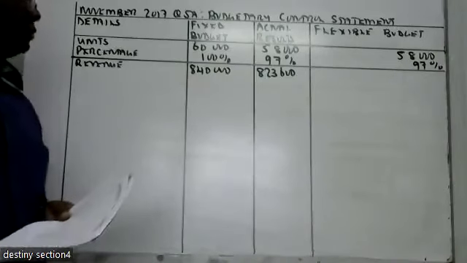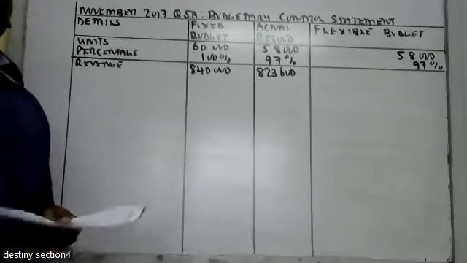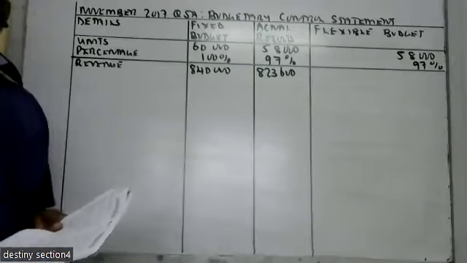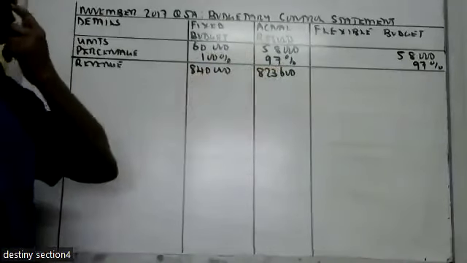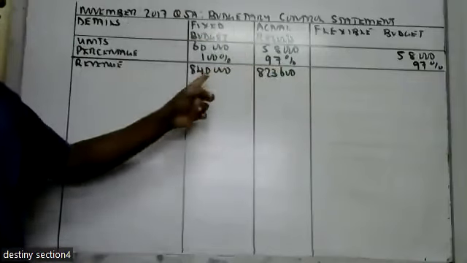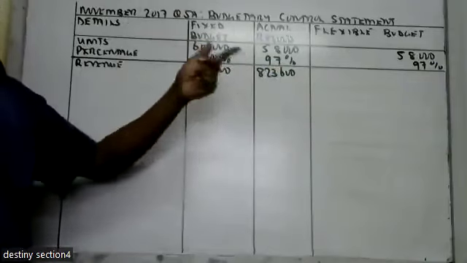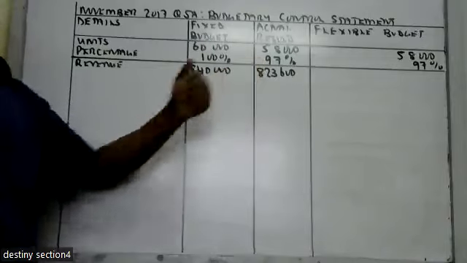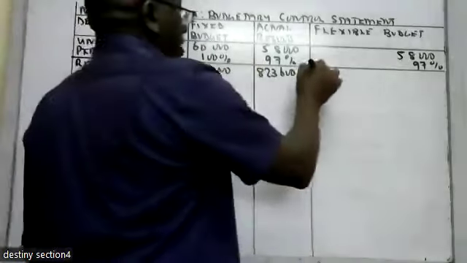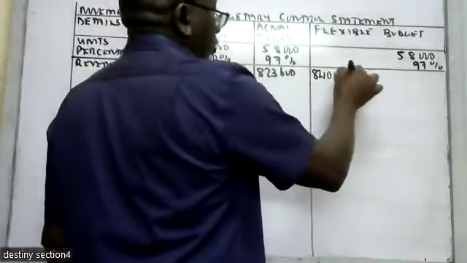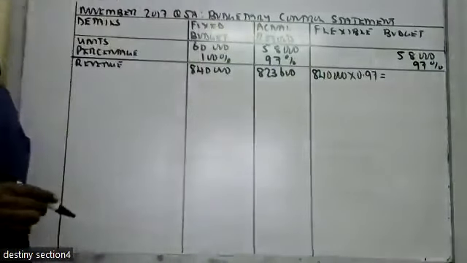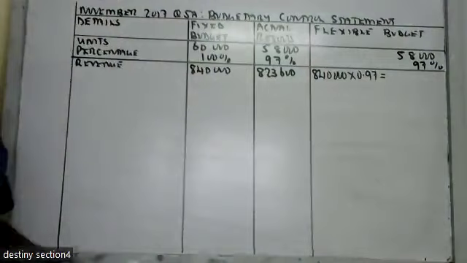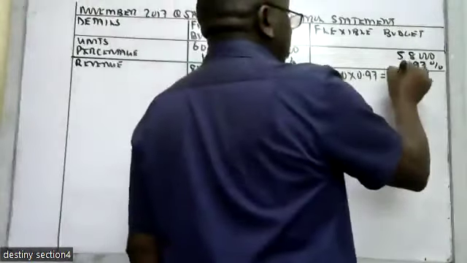Now, what you do, revenue is a variable component. Variable meaning it changes as the units change. So, in the flexible, you take this one, you make it to be the new percent. The new percent means 97. So unachukua hii 840 na multiply na 0.97.